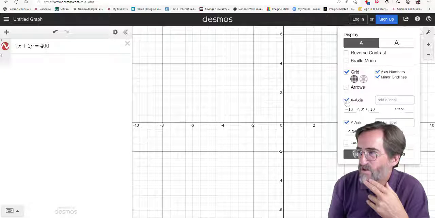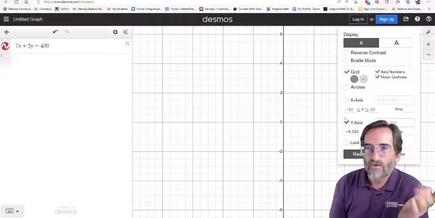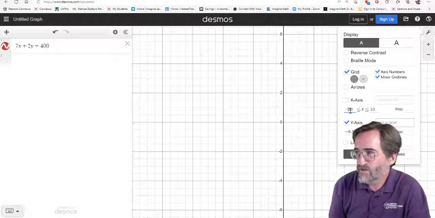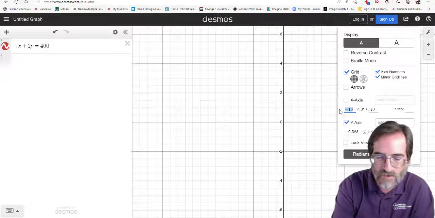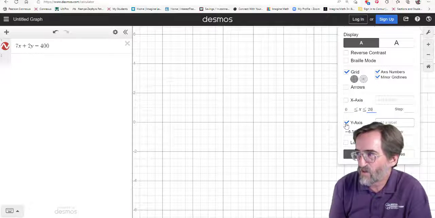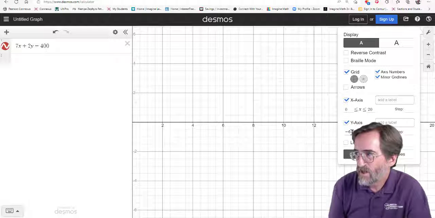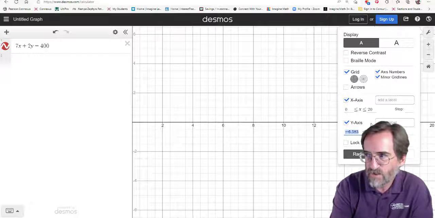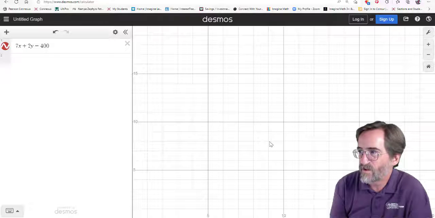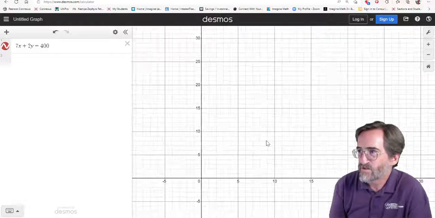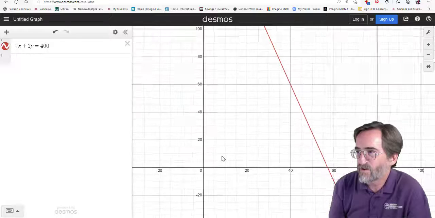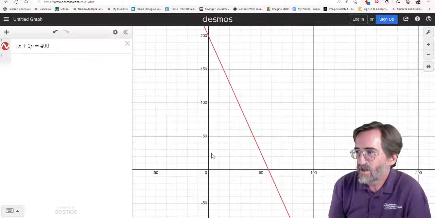So our x-axis, our amount of children's tickets, let's say we let that vary from 0 to 20, and the y-axis, I want that to vary for the adult tickets from 0 to 20 as well, right? And that's not enough even then. So let's zoom out. Ah, there we go. All right, and so we're getting a better picture here.